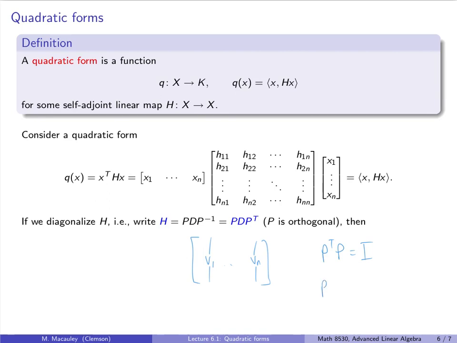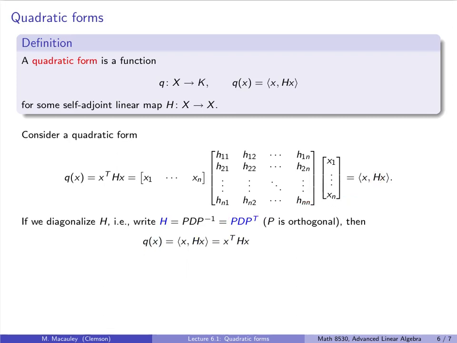In other words, P inverse equals P transpose. So normally we write H as P D P inverse, but now we're going to write it as P D P transpose.